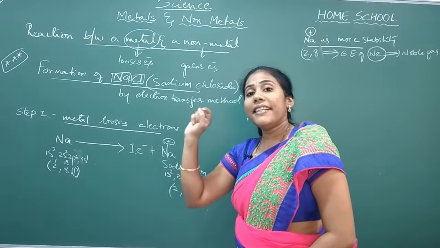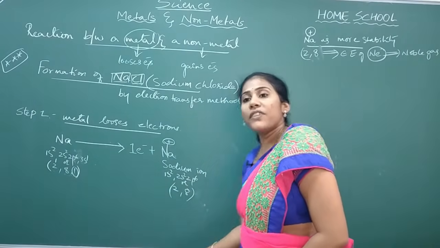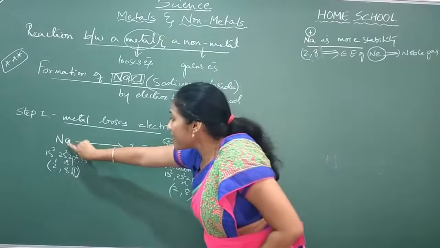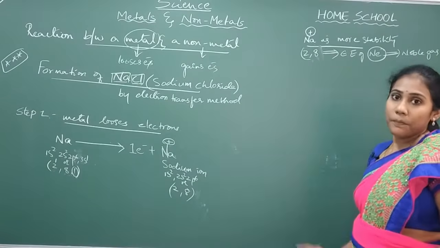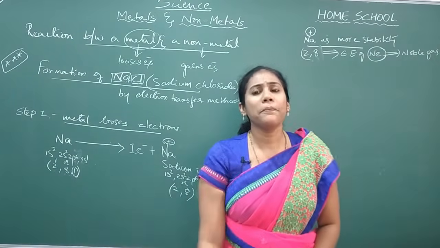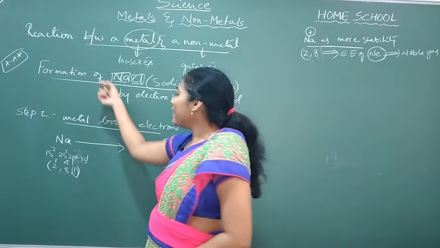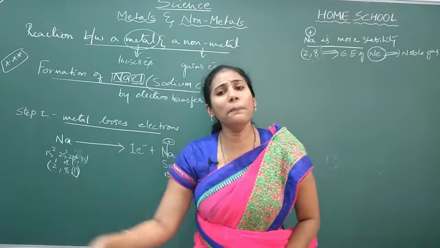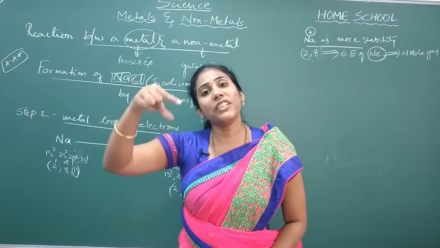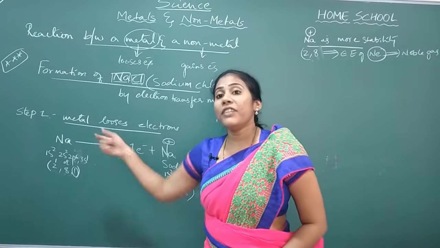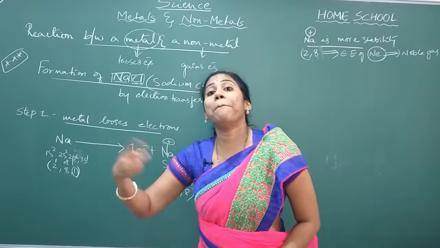That means it is gaining an electronic configuration almost similar to its nearest noble gas, that is neon. So this is a very important concept. This is why metals lose electrons and non-metals gain electrons. It is all to achieve the noble gas electronic configuration. If they achieve it, they become happier.